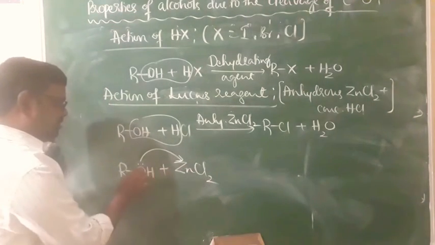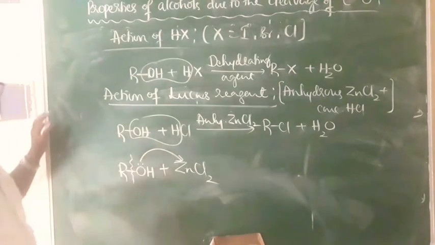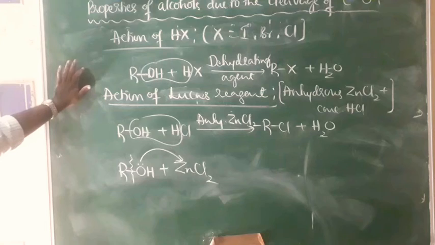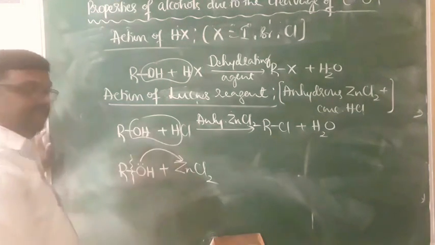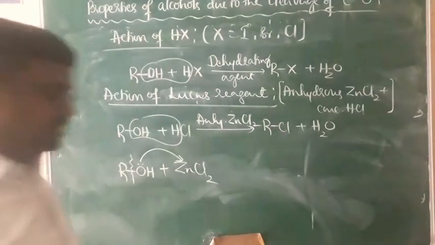If ZnCl2 is attached to the oxygen, the C-O bond becomes weak. If the C-O bond becomes weak, cleavage of the C-O bond takes place, and that is what we call the action of Lucas reagent.